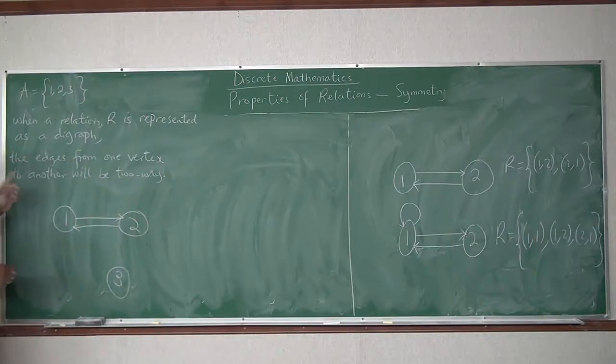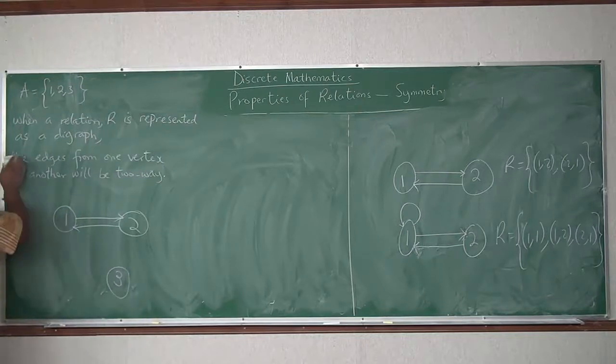For any edge that goes from one vertex to another, there must be another edge. It is still possible not to have 1, 3 and 3, 1. But if you have 1, 3, then you must have 3, 1.